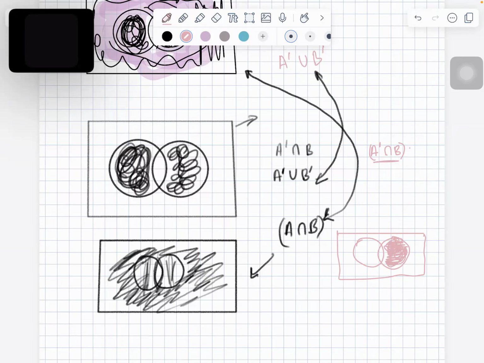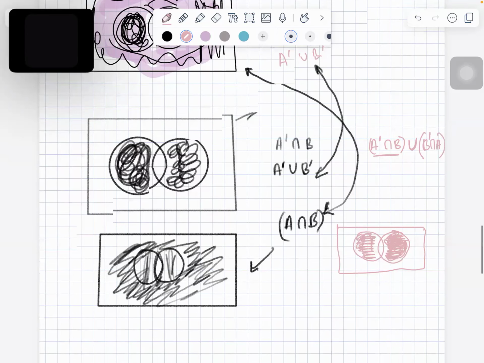Then you do union, or do the same thing, but now B intersection. Exactly. Do you get it now? Oh yeah, I get it now.